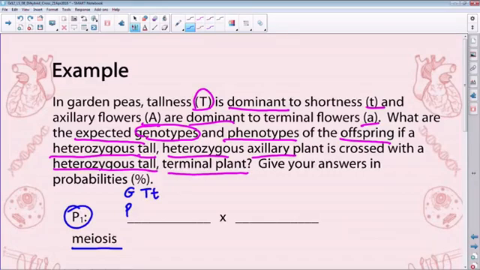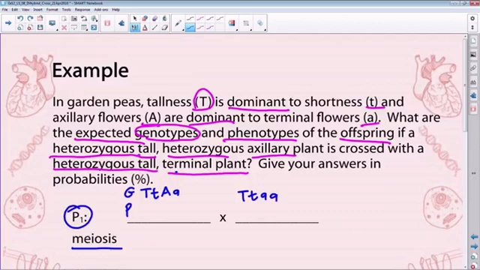And it also is a heterozygous axillary, which means it'll be a capital A and a small a. Got it? And we're going to cross it with a heterozygous tall, the same, big T, small t, and it's got a terminal plant, which means it is small a, small a. Can you see that? That is just the genotype.